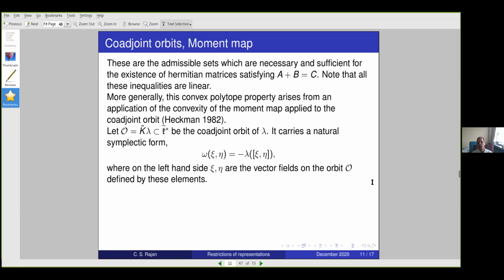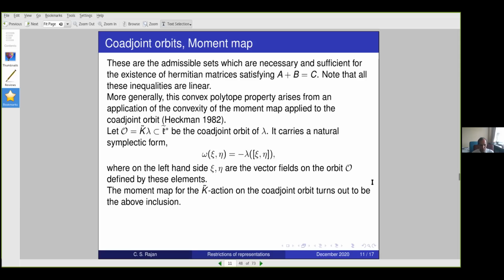And so the symplectic form has to be defined on the orbit of lambda, on the manifold. For the vector fields defined by xi and eta, you define it to be just minus lambda of the Lie bracket of xi and eta. Okay, so defined by this element. So xi and eta are in this Lie algebra of K tilde.